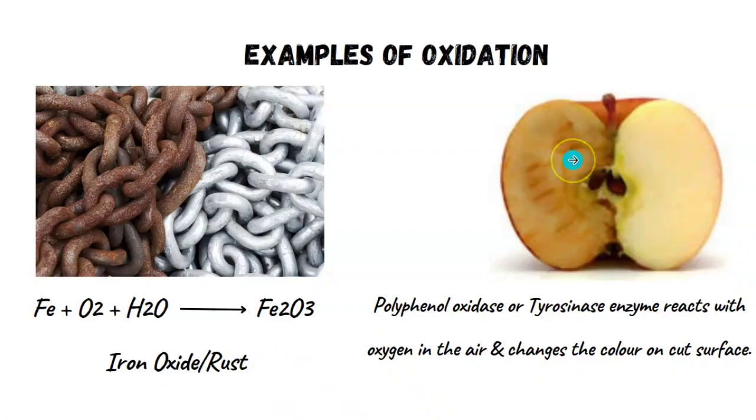There is an enzyme present in apple, like polyphenol oxidase or tyrosinase. This enzyme reacts with oxygen present in the air and changes the color on the cut surface. So an oxidation reaction takes place, and that's why the apple becomes brown in color. So this is all about oxidation.